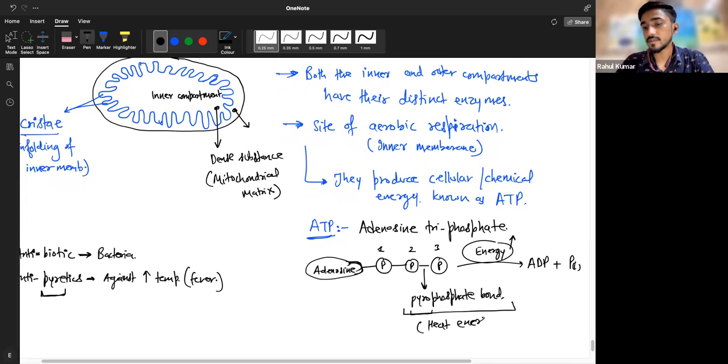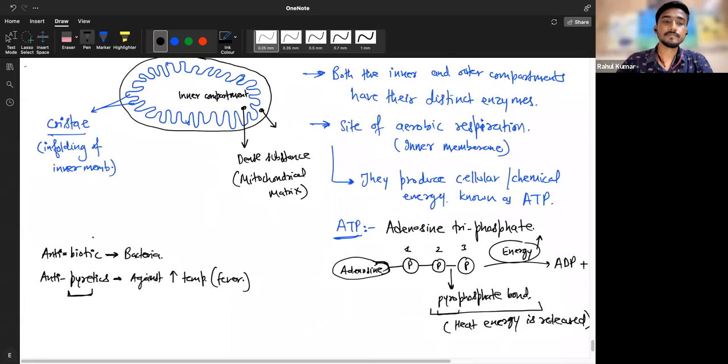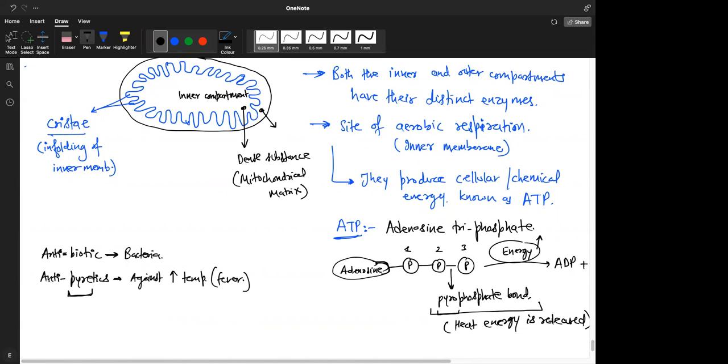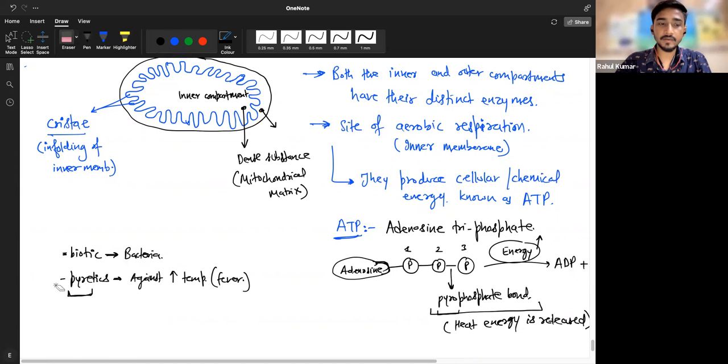Heat energy is released when you break this pyrophosphate bond. Do you understand? And that's why when we have fever, to bring down the temperature, we use antipyretics. Right.